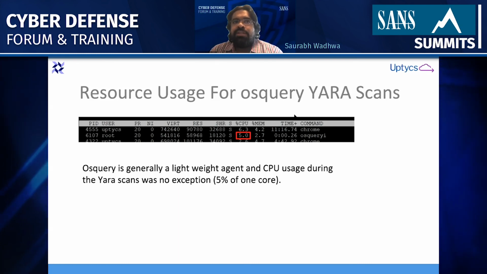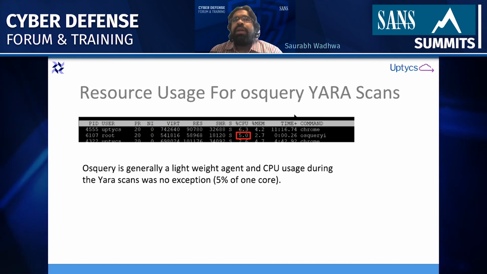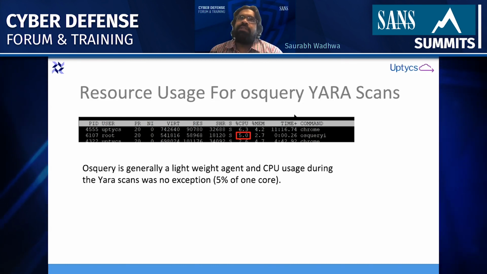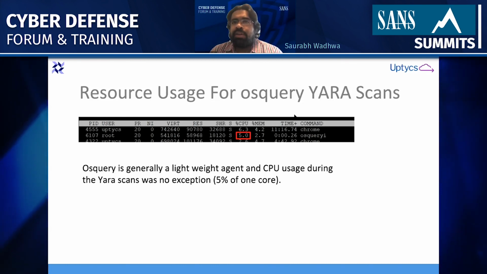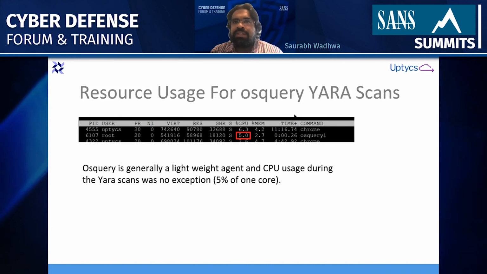We are running scans on the processes as soon as they happen. And in case of the file integrity monitoring piece, we are just monitoring and running scans in case of a change. It's not like the files are just lying there and we are running a scan again and again. No, if there is a change within those files, only then we'll initiate a YARA scan.